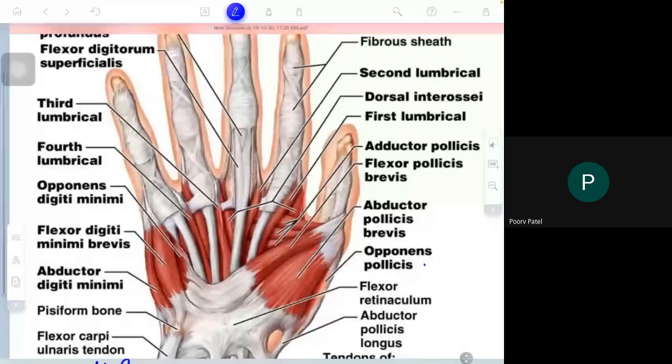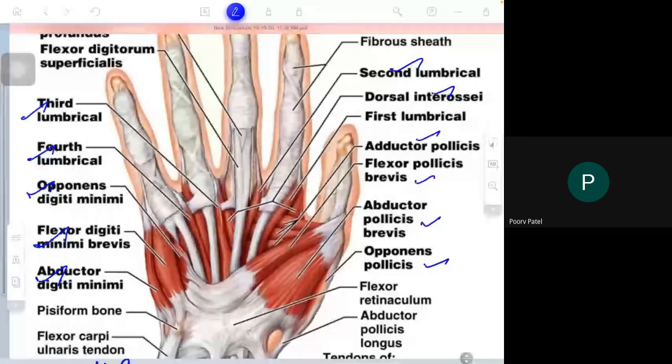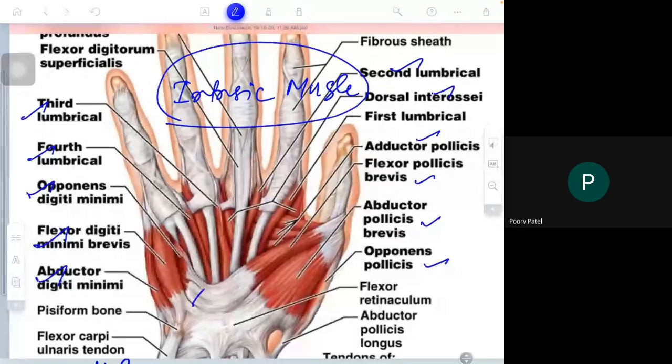Opponens pollicis, adductor pollicis, flexor pollicis, abductor pollicis, dorsal interossei, lumbricals, all the lumbricals, opponens, all these muscles are called what? Intrinsic muscles. Why is it called intrinsic muscle? Origin is in the hand and insertion is also within the hand. That is why it is called intrinsic.